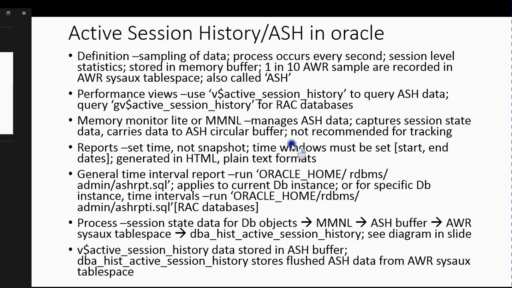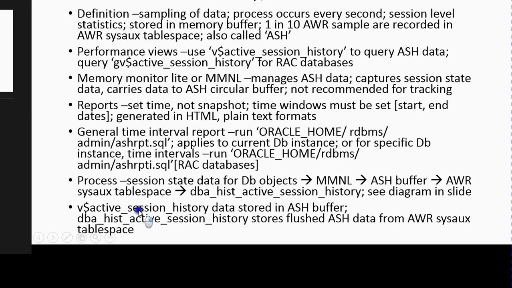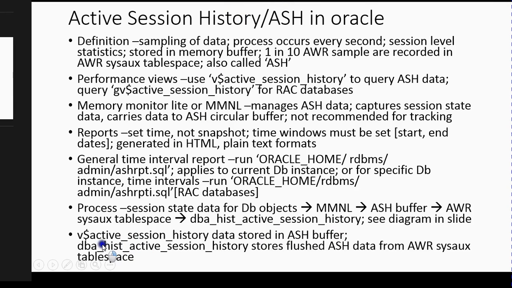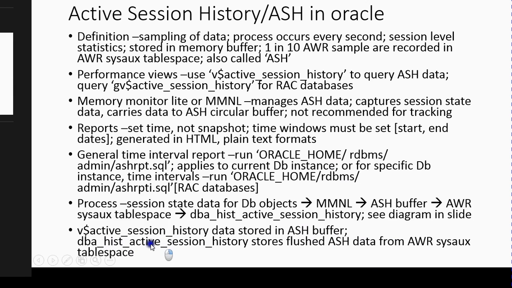So the data is stored in the ASH buffer, as I just told you, and then once the ASH data is flushed out of that circular buffer, it's carried by the MMNL, and once it gets to the AWR SYSAUX tablespace, it's going to be flushed out again.